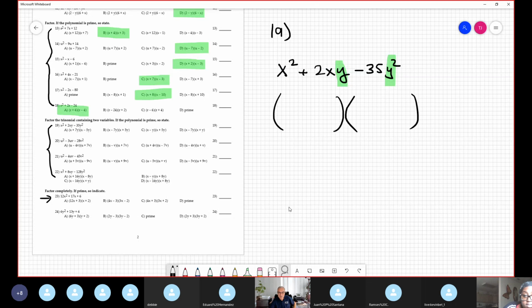Open two parentheses, copy the first variable, ignore the second one, and try to find the key to open the door. For 35, it's 35 times 1, but it's 5 times 7. I suppose this is the best combination, because 7 minus 5 is 2. So the combination is 7 and 5. You copy 7 and 5 here.